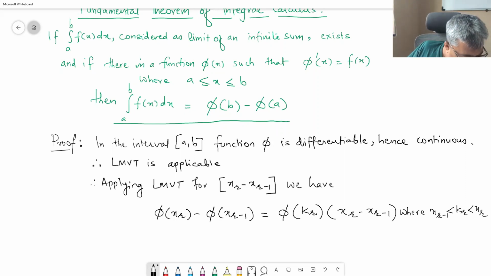Is that correct? That is what our LMVT is. There exists some point here.